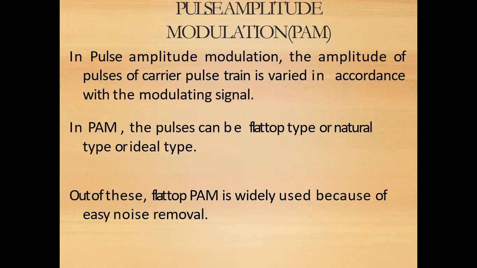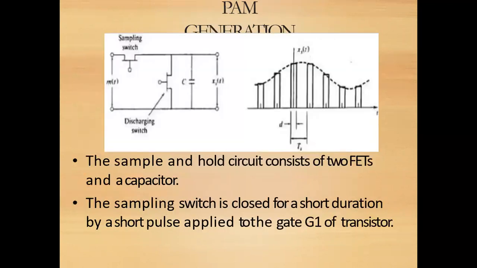Here again we have two types depending upon the output, flat top or natural type, or ideal type. Actually, flat top PAM is widely used because of easy noise removal.